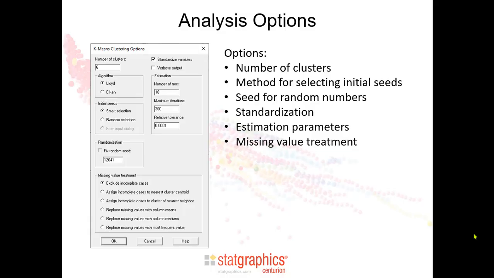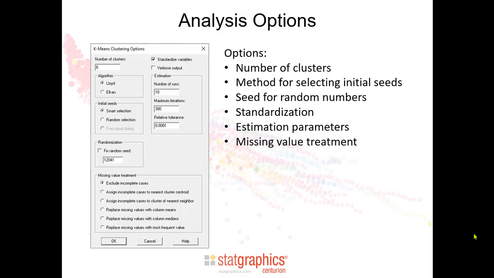These are the initial k observations to which other observations will be matched. This can be done randomly. There's a smart selection algorithm that can be used, or the user can actually input the row numbers for those initial seeds. There's also a seed for the random number generator.